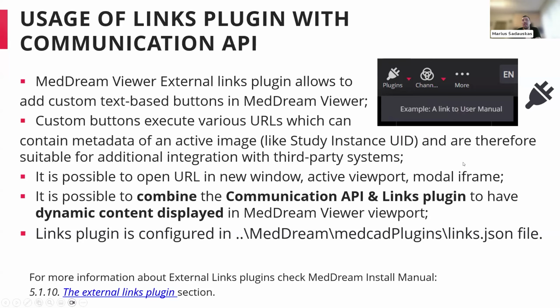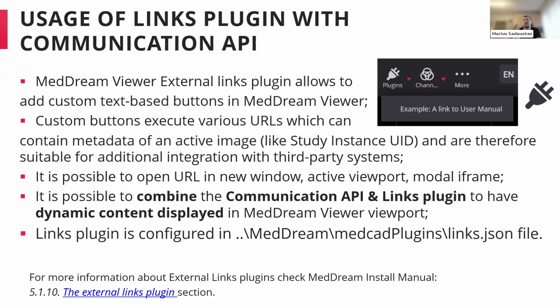So with the links plugin, in principle, you can execute various URL commands and add additional metadata information. For example, you can pass study instance UID, patient ID, storage ID, series ID, and so on.